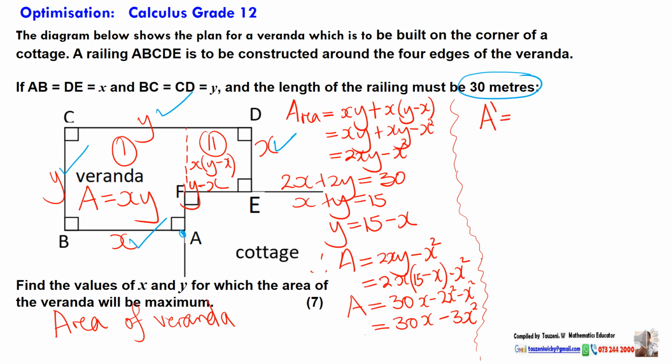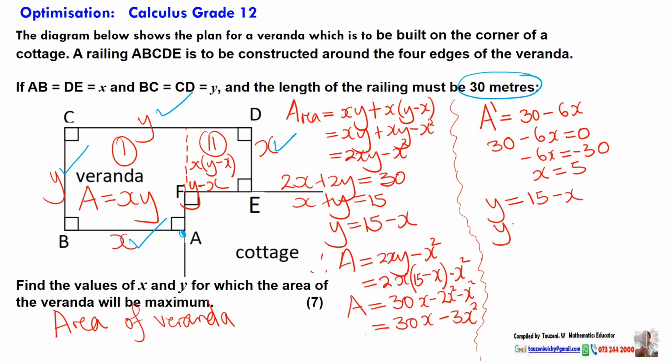So the derivative of the area, or dA/dx, is equal to 30 minus 6x. After differentiating, equate the derivative to 0 and solve the resulting equation. So this will be minus 6x is equal to minus 30. Dividing both sides by negative 6, it gives us x is equal to 5. Now I need the value of y. Remember from our previous calculation, y is equal to 15 minus x, and x is equal to 5.